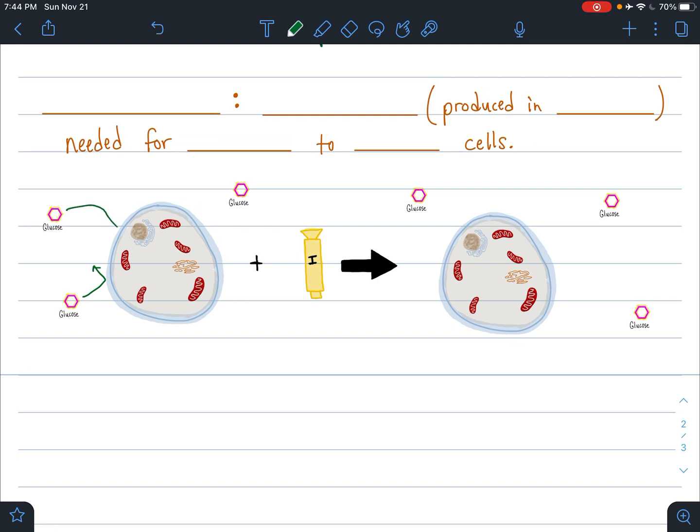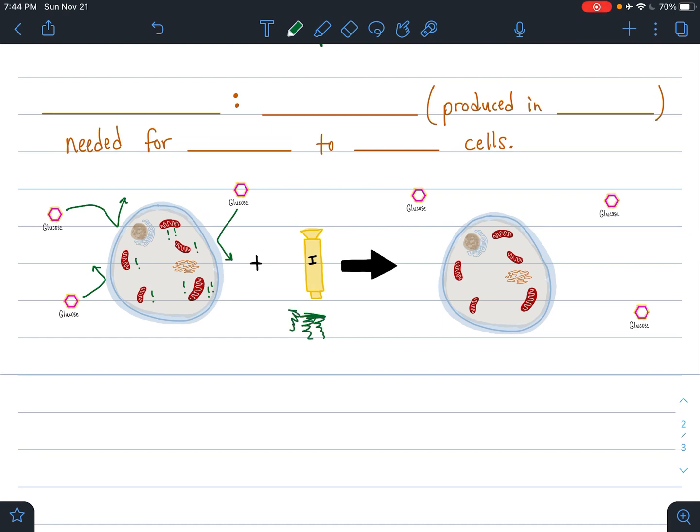You see, it needs help to get into the cell. It can't just get in on its own, even though the mitochondria really, really, really want that glucose so that it can create energy, because they really want that ATP energy, but the glucose can't get to the mitochondria, except with the help of our shining star.